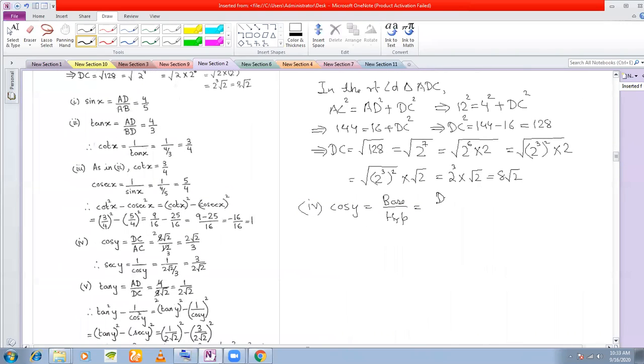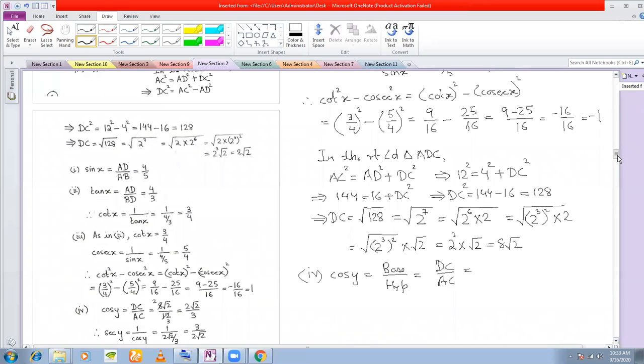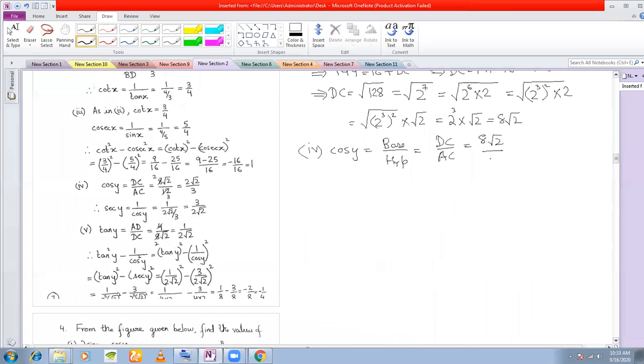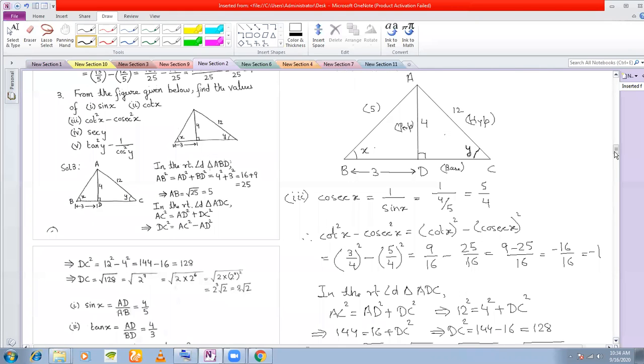So this is DC by AC. We have calculated DC as 8 root 2 and AC here is 12. This comes out to be 2 root 2 by 3. This is cos y.